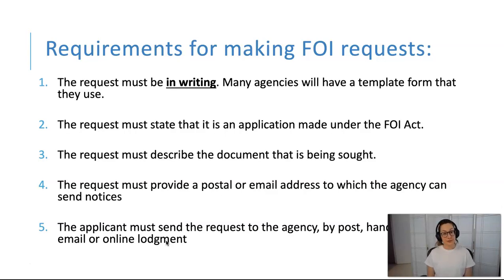The request must provide a postal or email contact address where the agency or minister can send notices. And naturally, the request must be lodged. So it must be sent to the agency either by post, hand delivery, email, or online lodgement.